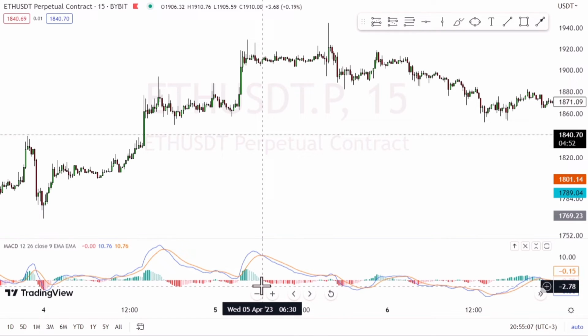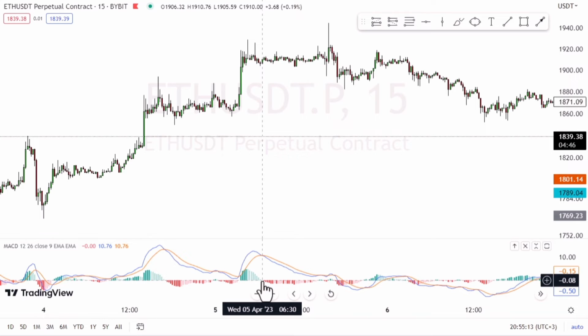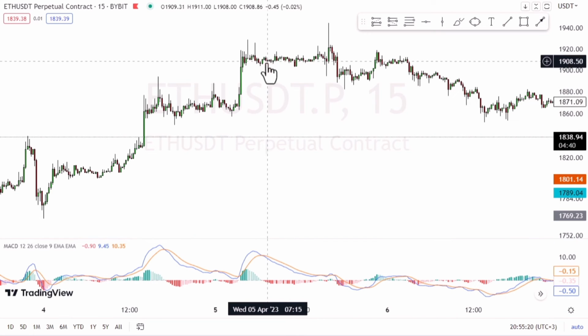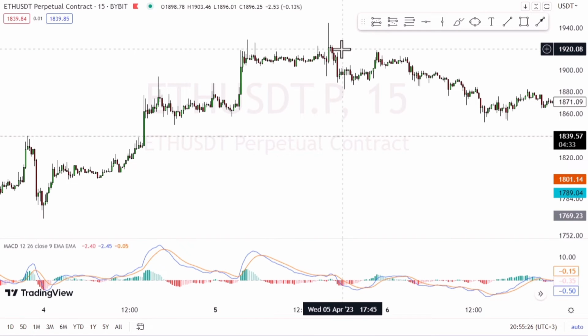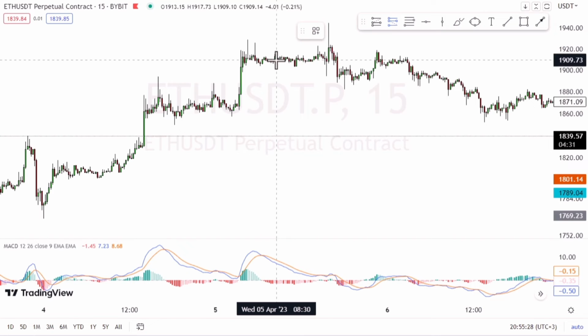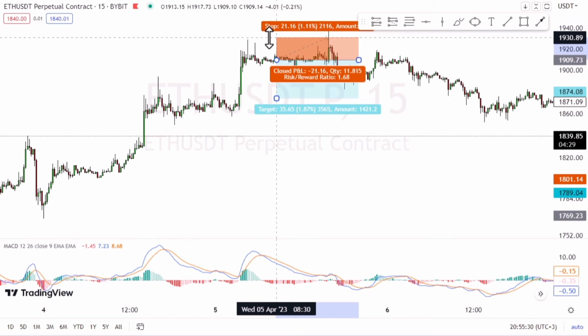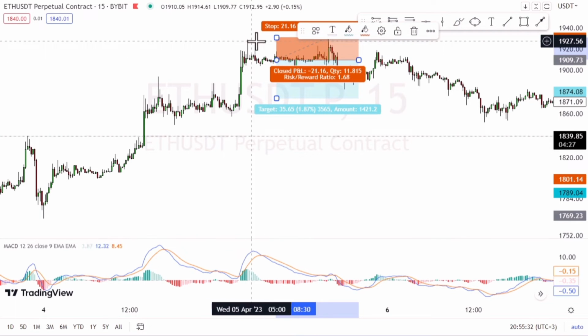And there is also a third option to get the confirmation that people use to trade with it. You must see a red candle, for example, after that, like this one here, and then enter a short trade. But as you can see, if you wanted to take a short trade in this case here, it wouldn't work out because you wanted to place your stop loss here, and then it would have taken your stop loss and then went down.